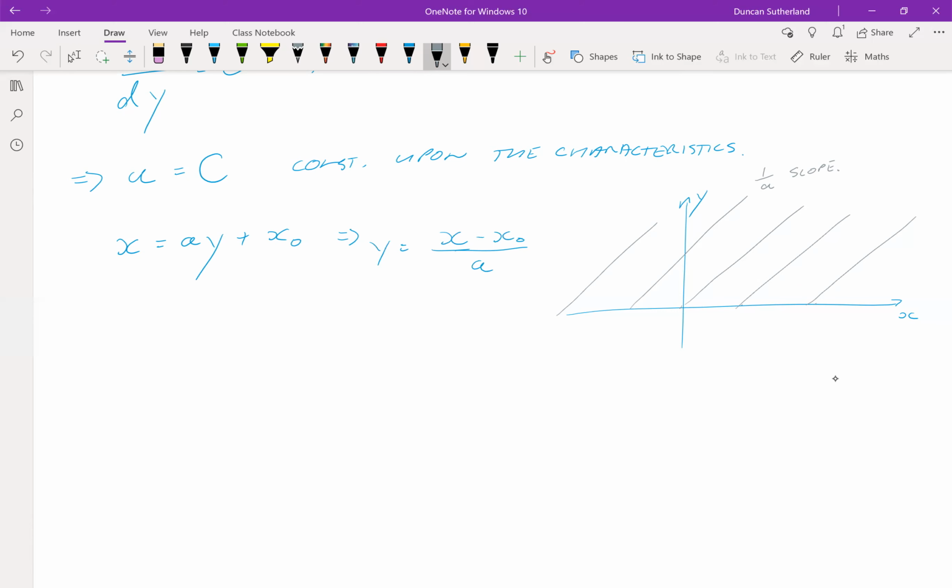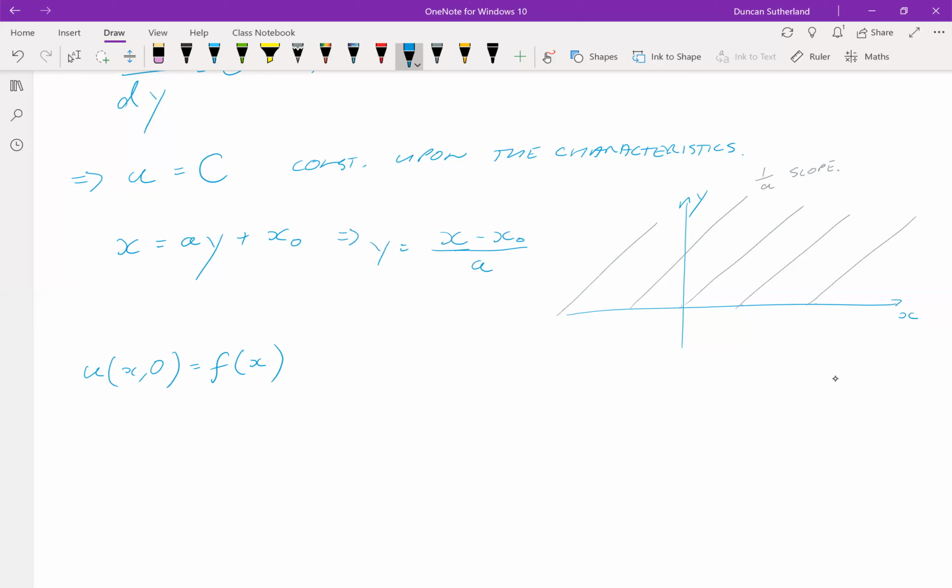So let's go and read the problem again and check out what our initial condition is. If we don't have one stated in the problem, we'll just have to assume. According to the solution in front of me, I assumed or was given the initial condition: at y0, we've got some function of x.